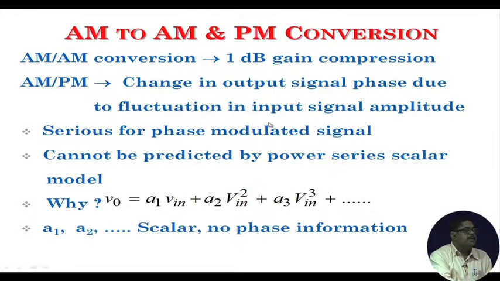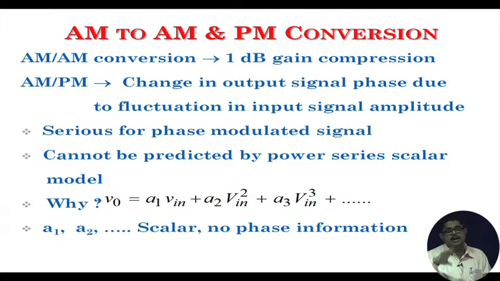Also you remember that due to this nonlinearity, whenever there is nonlinearity, an amplitude modulated signal gets converted to another amplitude modulated signal. That is why we get 1 dB gain compression, because of the input side amplitude modulation.